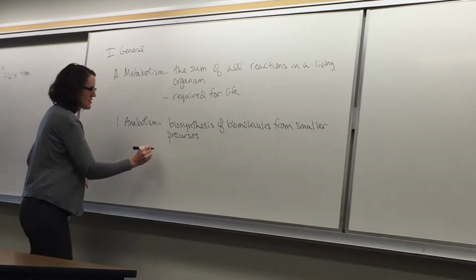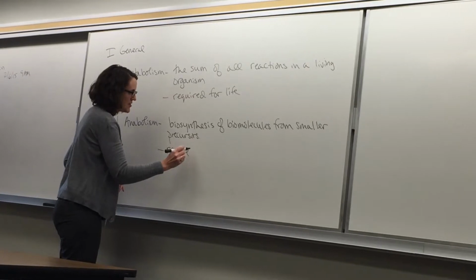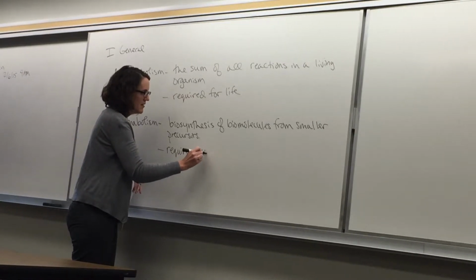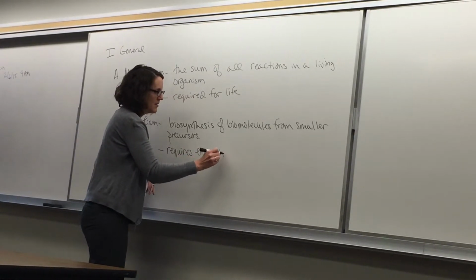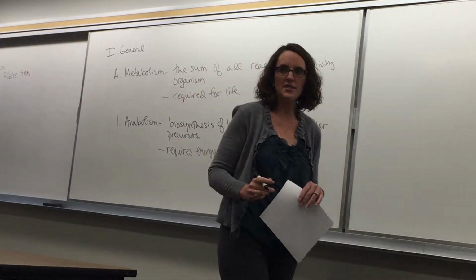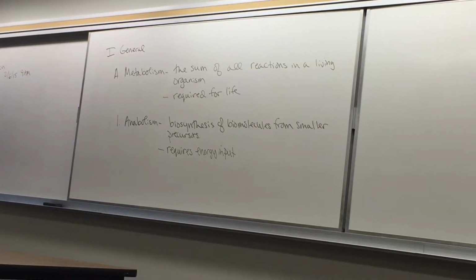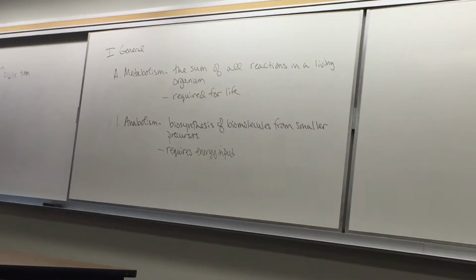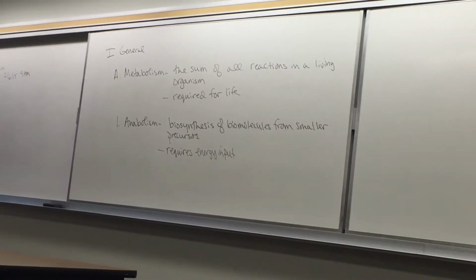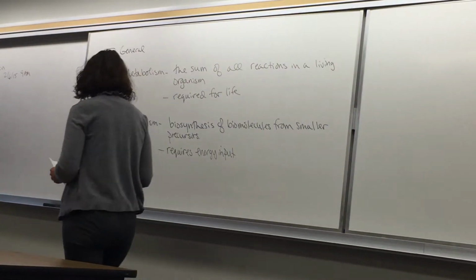The catch is, it's uphill energetically. Forming bonds has an energy cost. So for those pathways that are anabolic in nature, we're going to see ATP equivalents going in to make that happen. Okay?